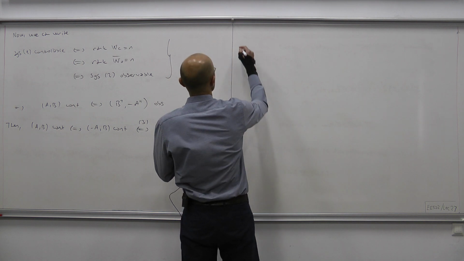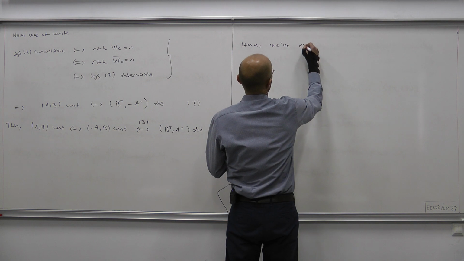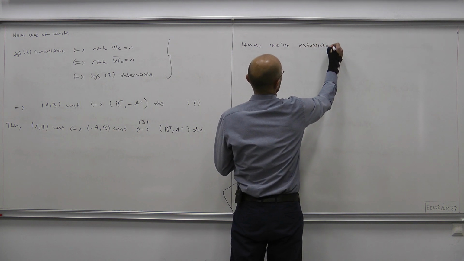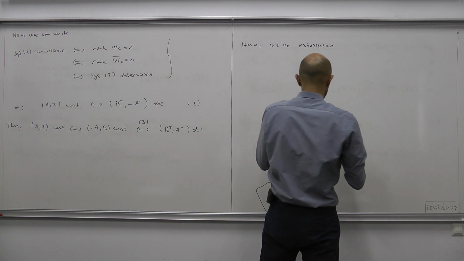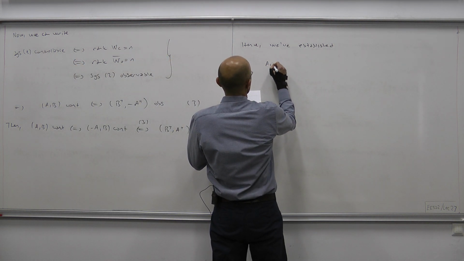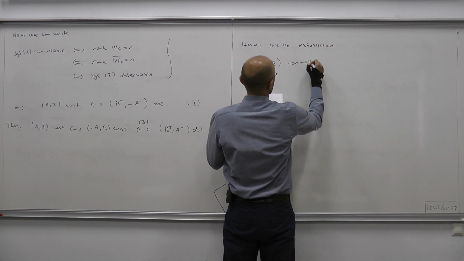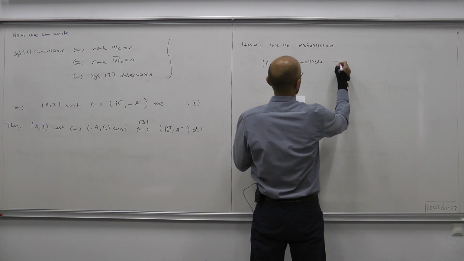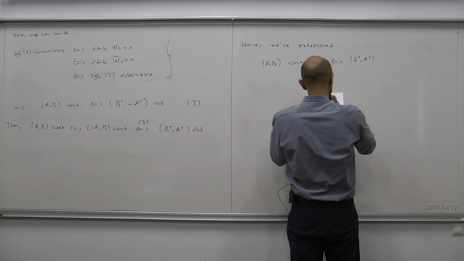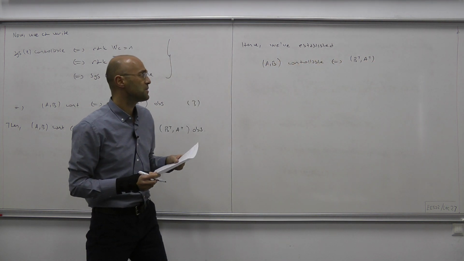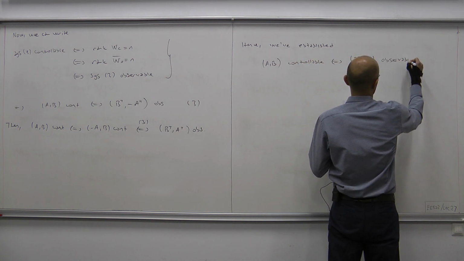Hence we established the following very important fact. We established that a pair AB is controllable if and only if the pair B transpose A transpose is observable.